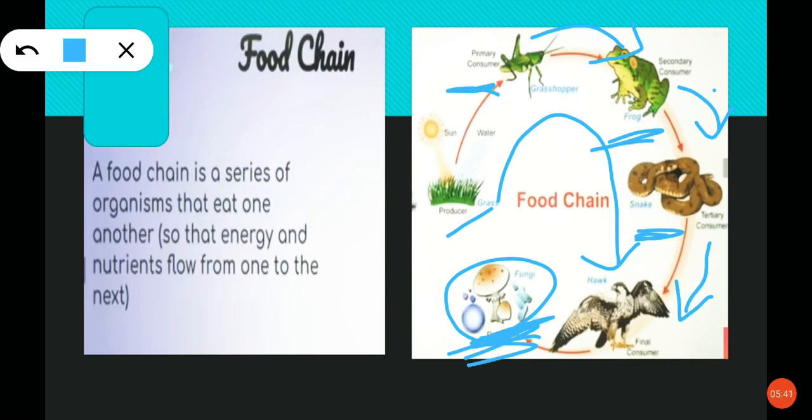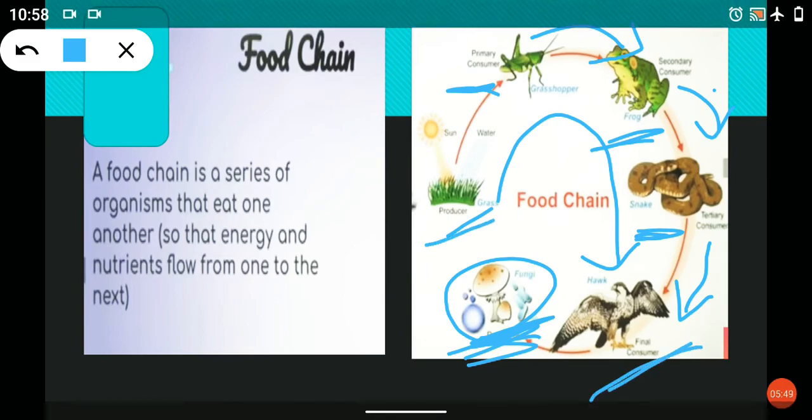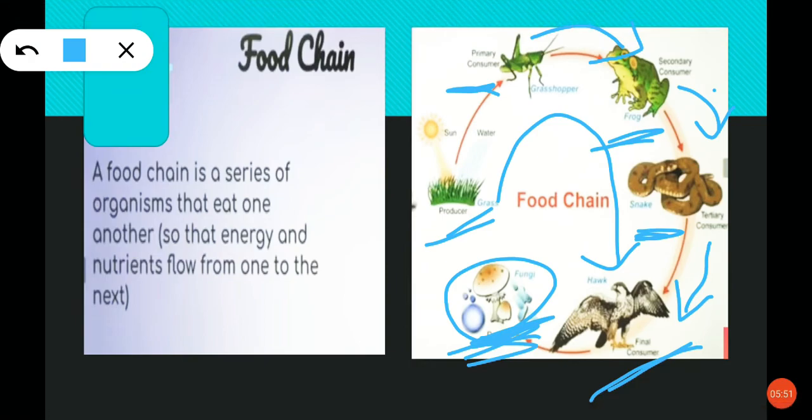Finally, decomposers take food from the dead bodies of everything from producers to final consumers. Okay, I hope you understood. Very good. So this is the food chain. Next.